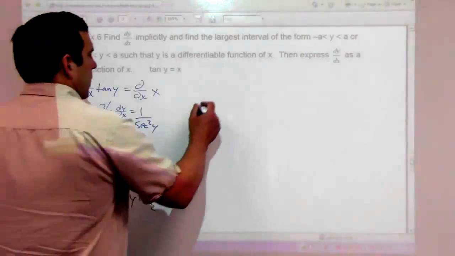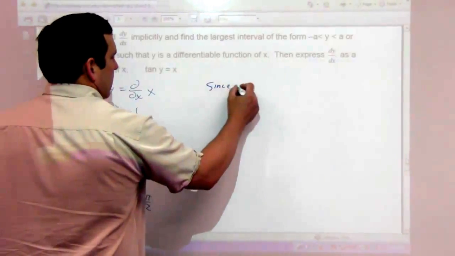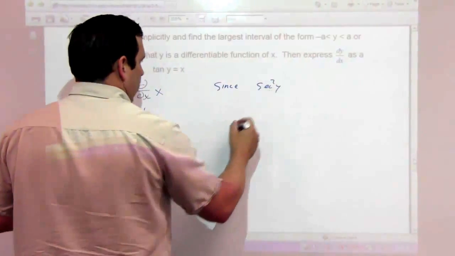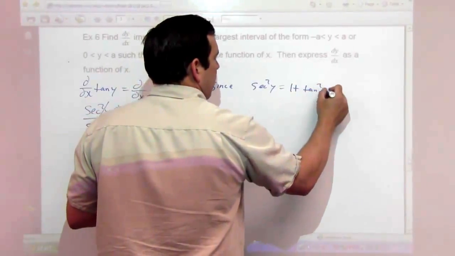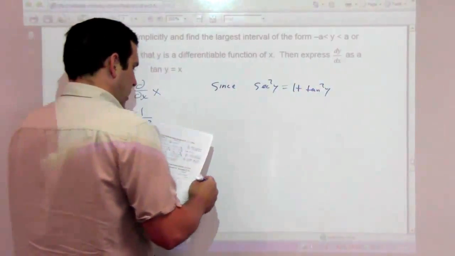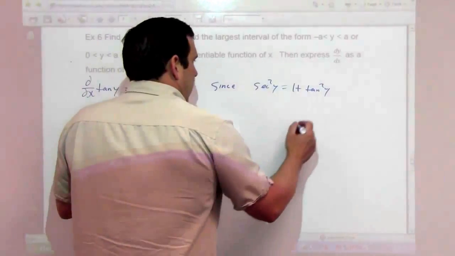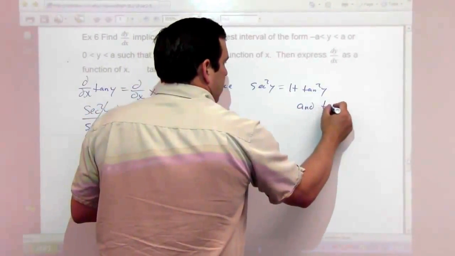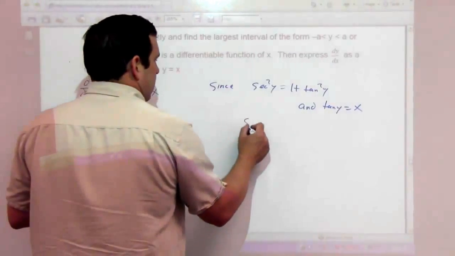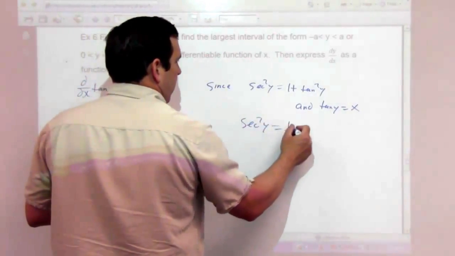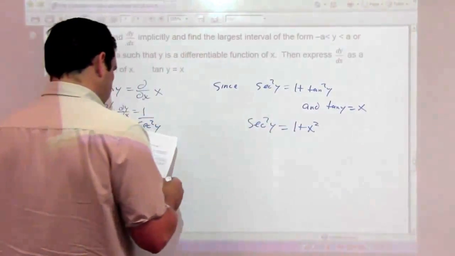Now, since secant squared of y is equal to 1 plus tangent squared of y, this is an identity, we know this identity, and tangent of y equals x, secant squared of y would be 1 plus x squared.